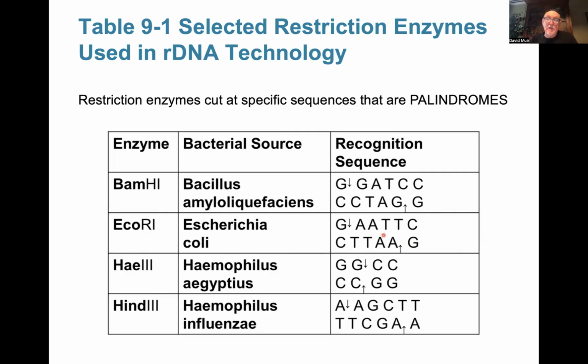Now when we use this in recombinant DNA, we make sure that those things don't join up easily until we want them to join up. There are ways of ensuring that they stay apart. But the effect is that we split the DNA, we cut the DNA, and we end up with these sticky ends that are ready to base pair with a matching palindrome.